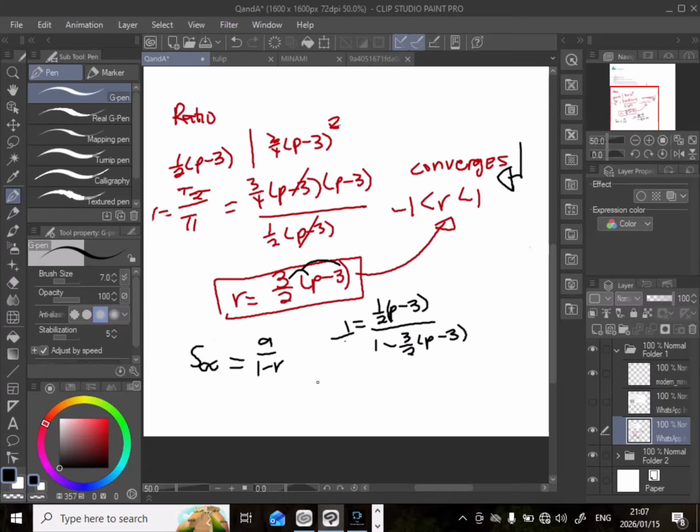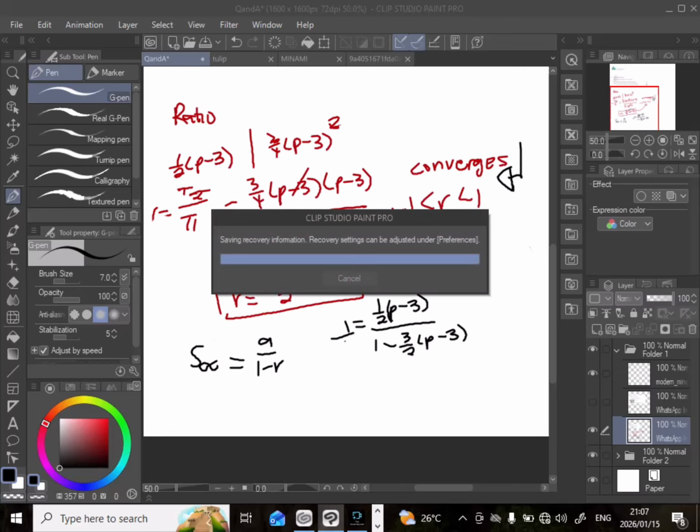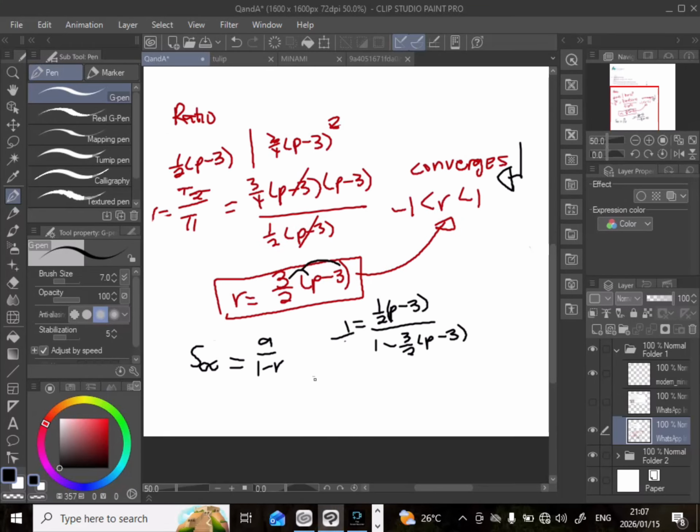Which means it will be 1 minus 2 and equals to half. Then from here we just solve for p.